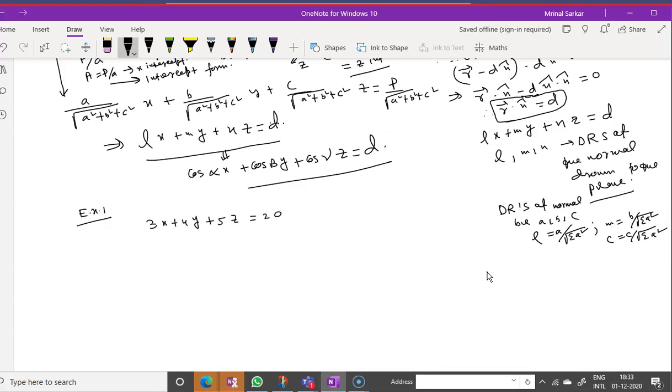The question given here: express this in number 1, normal form, number 2, intercept form, and number 3, its perpendicular distance from the origin.